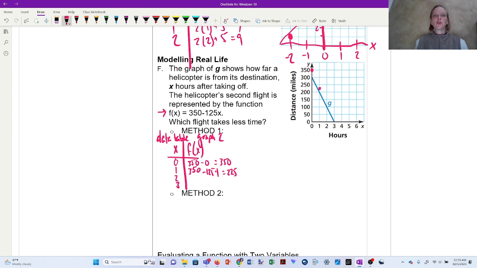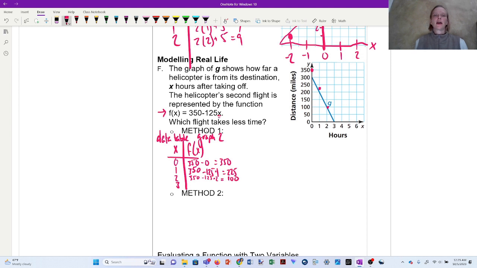When x equals 2, I plug 2 into the equation wherever I see x, and I'm going to do 350 minus 125 times 2, and that's going to give me the answer 100. So when x equals 2, y equals 100.